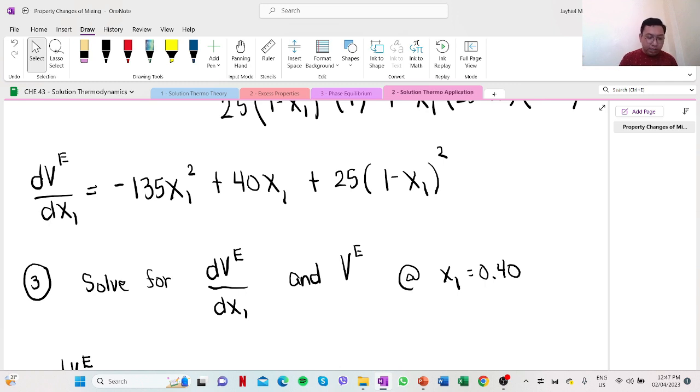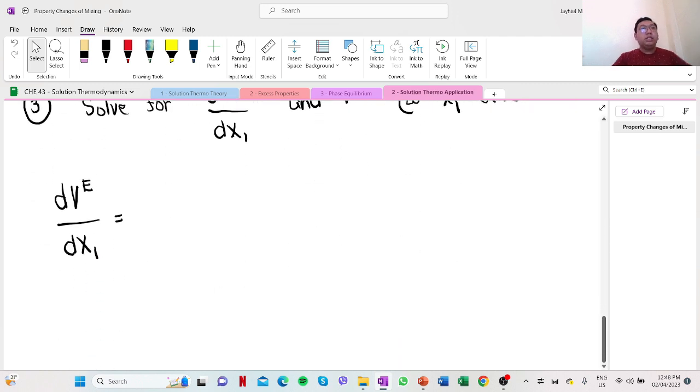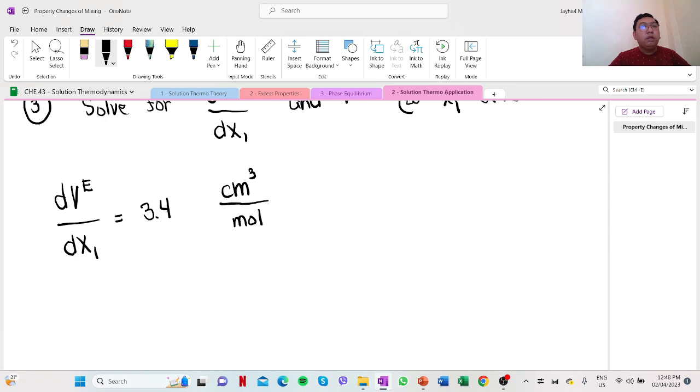Plus 40 times 0.40 plus 25 times (1 minus 0.40) squared. So my answer here in this case is 3.4. If you are required, the units will be cm cubed per mole, and then per mole fraction.